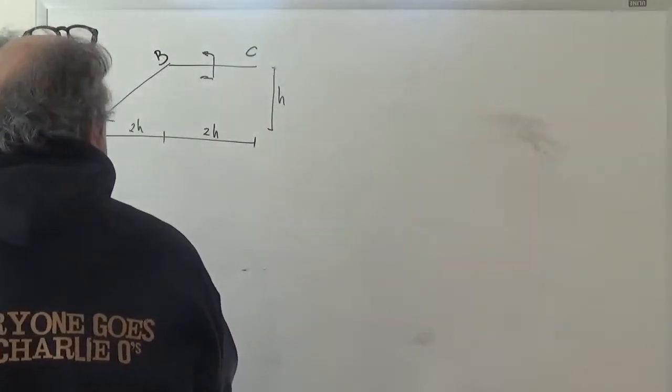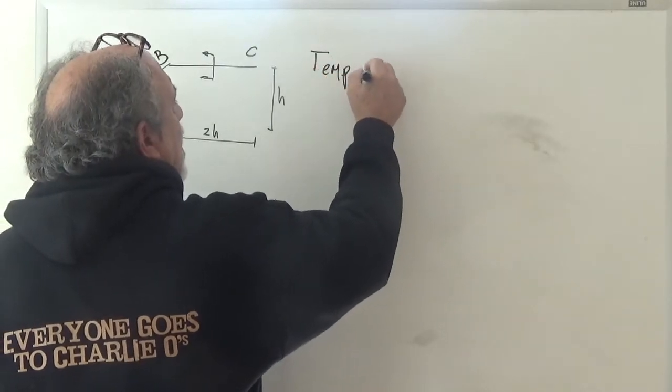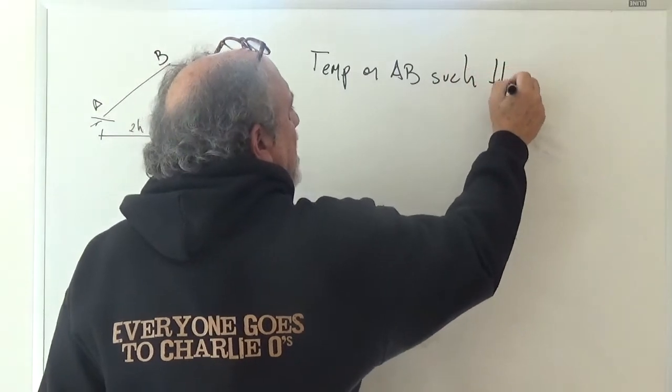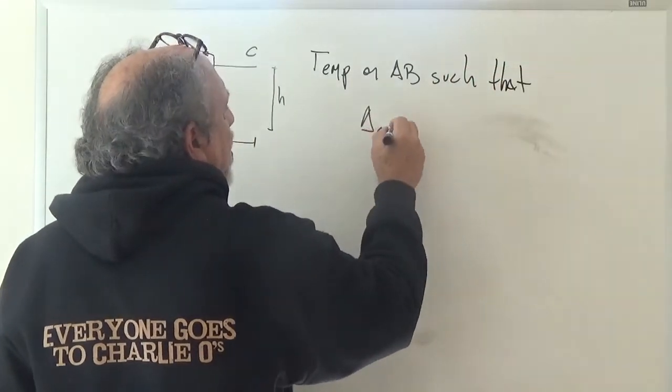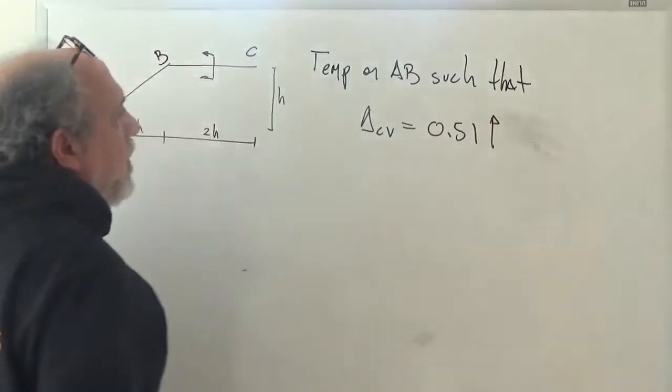So how much to heat AB such that delta C in the vertical is 0.51 inches upwards.